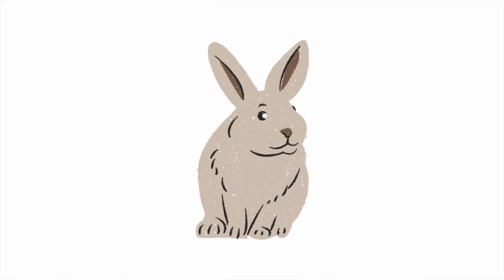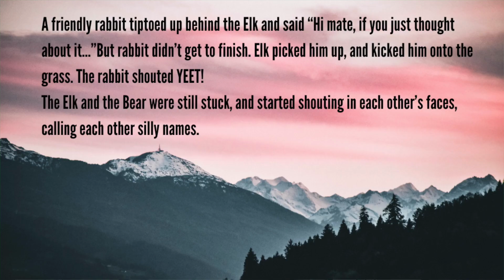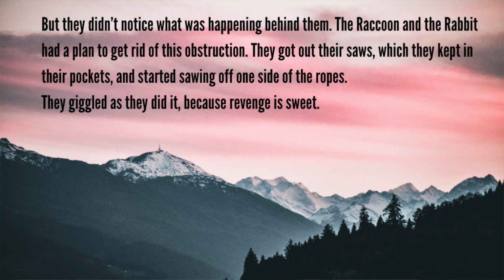Mean bear. A friendly rabbit tiptoed behind the elk and said, "Hi mate, if you just thought about it." But Rabbit didn't get to finish. Elk picked him up and kicked him onto the grass. The elk and the bear were still stuck and started shouting in each other's faces, each calling each other silly names.